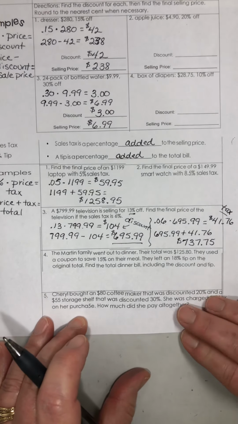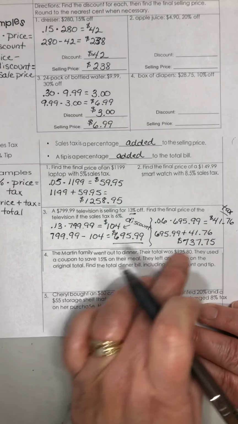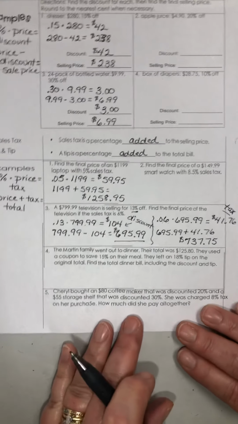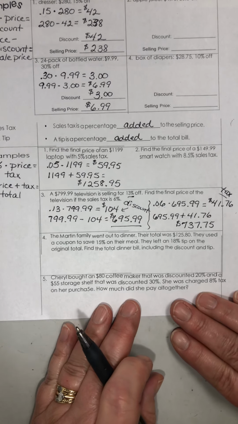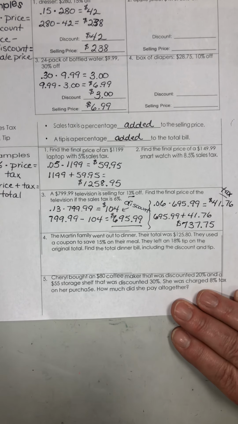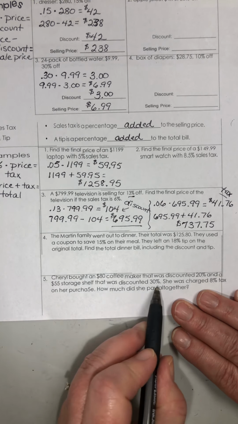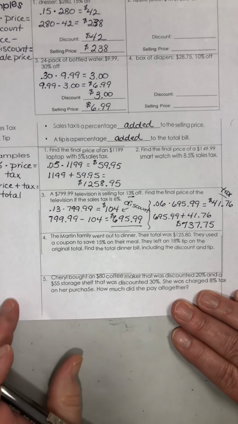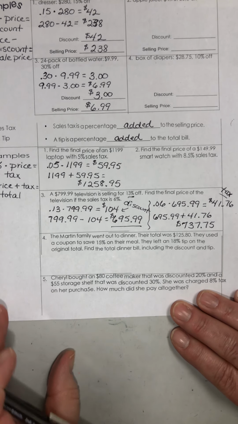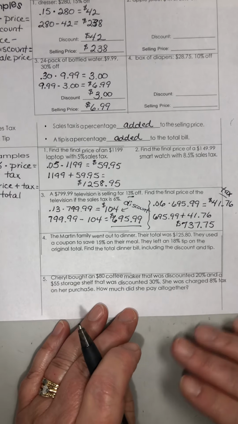So you'll have to do a kind of long problem like we did here. All right, number 5 says Cheryl bought an $80 coffee maker that was discounted 20%, and a $55 storage shelf that was discounted 30%. She was charged 8% tax on her purchase. How much did she pay altogether?